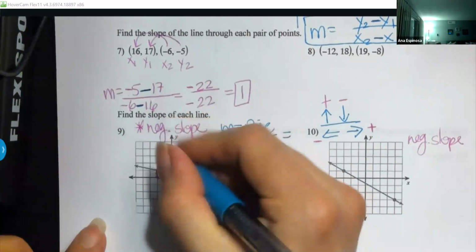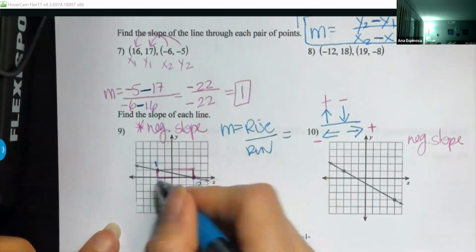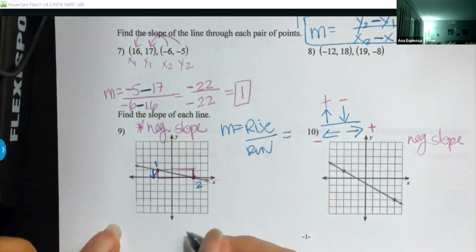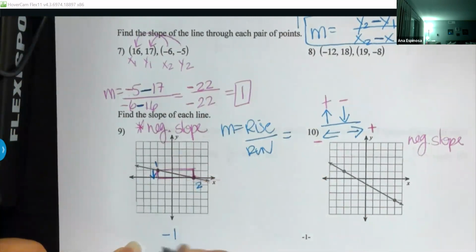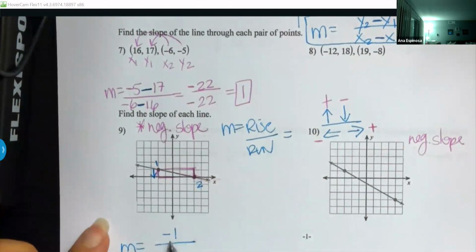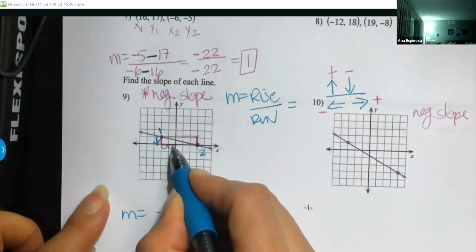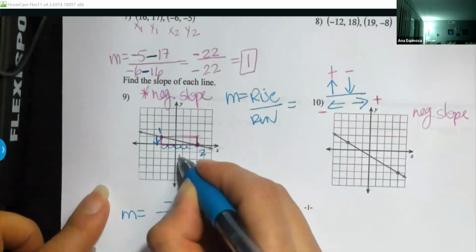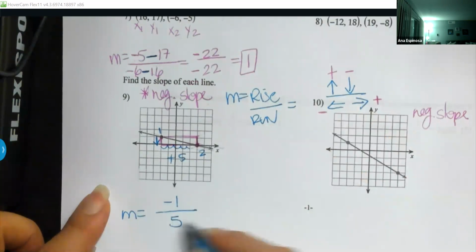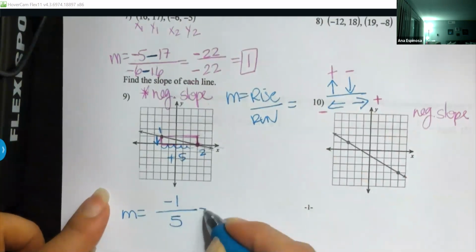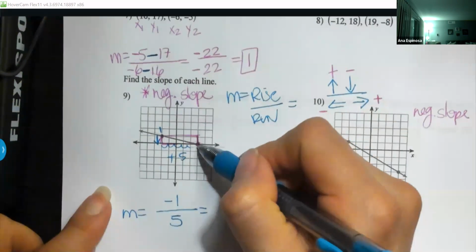So let's go from the first dot to the second dot. If I go down 1, it's minus 1, because I went down. And then I run 1, 2, 3, 4, 5 spaces to the right, which is positive. And that gives me the slope. Now, what if I go the other way, from 2 to 1?